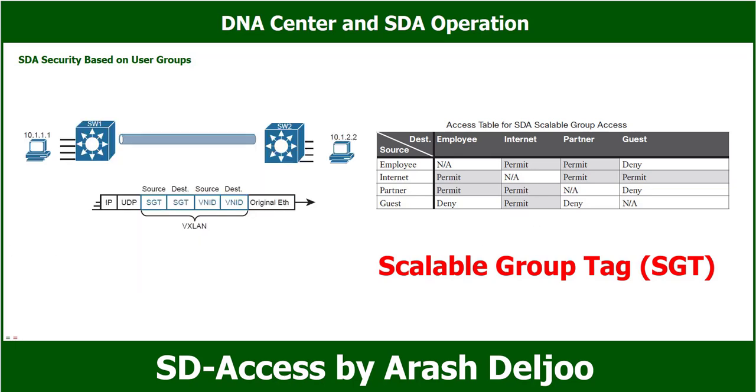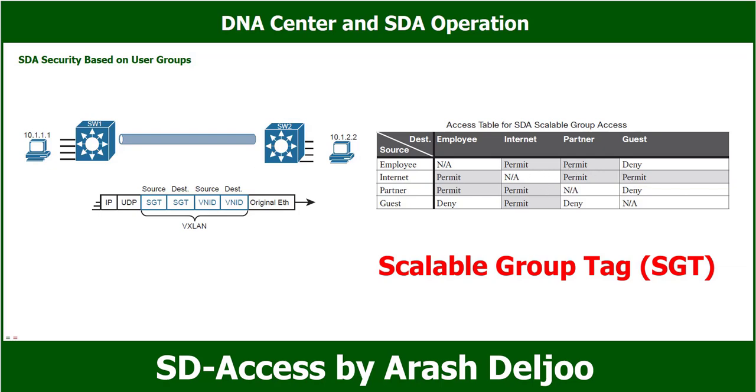The ingress SDA node starts the process by sending a message to DNA Center. DNA Center then works with security tools in the network, like Cisco Identity Services Engine, or ISE, to identify the users and then match them to their respective SGTs. DNA Center then checks logic similar to this table.